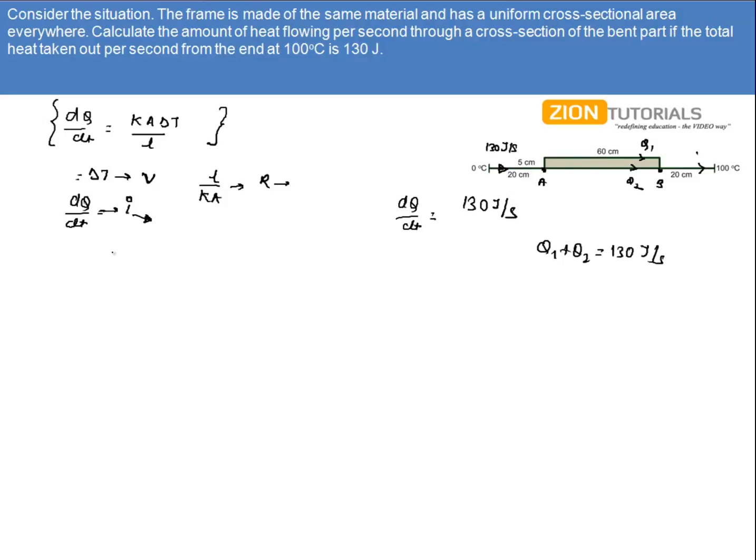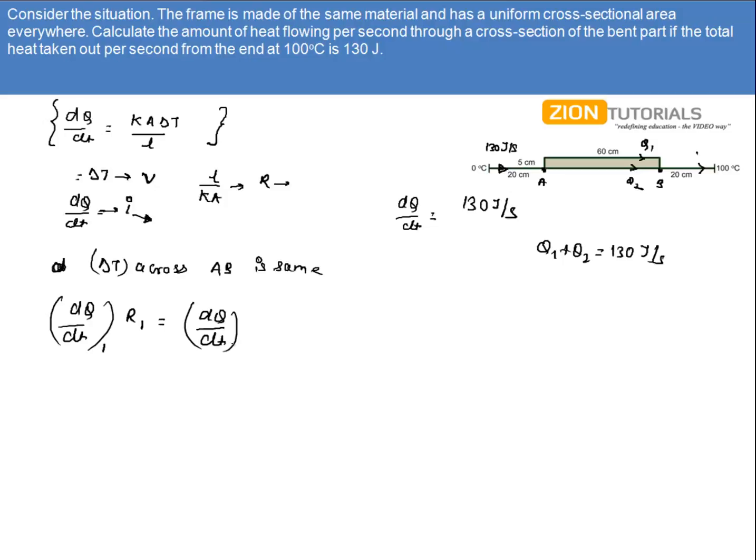Alright, so what I write is that ΔT across AB is the same, so I can write dQ/dt1 into R1, that is thermal resistance, is equal to dQ/dt2 into R2, that is again the thermal resistance.